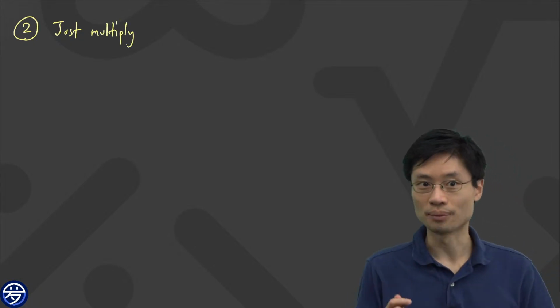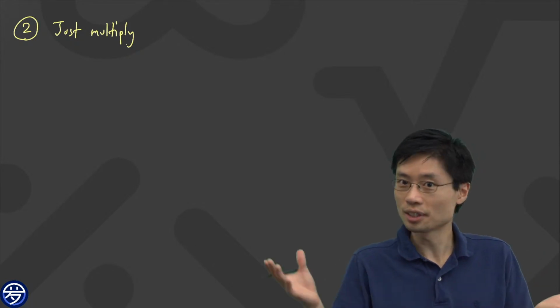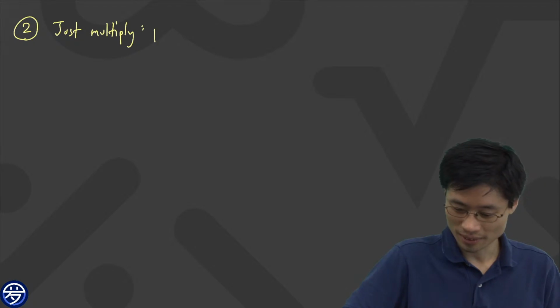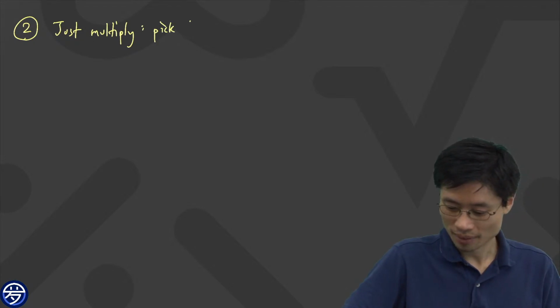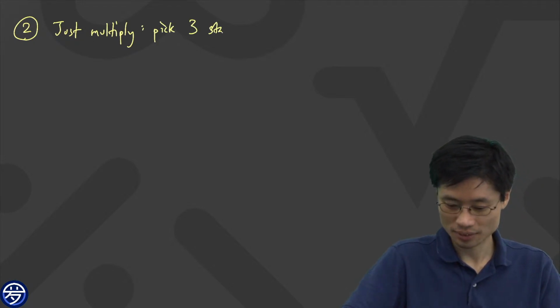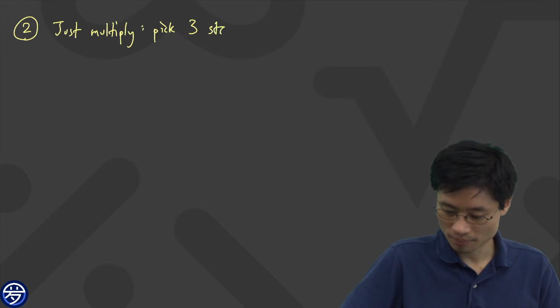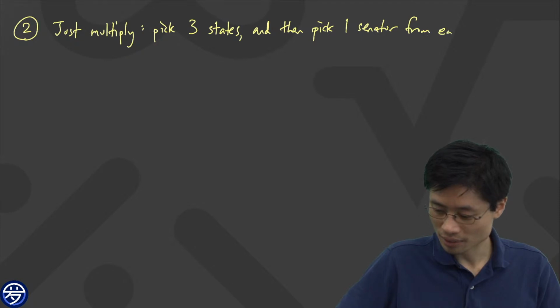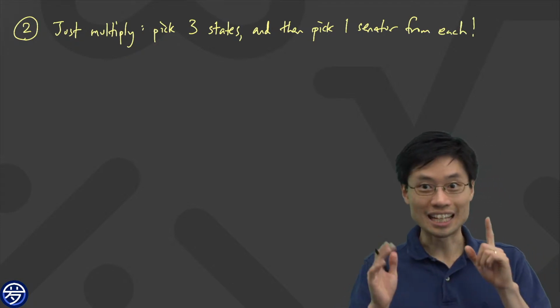And just multiply works by saying, I just need to pick 3 states, and then pick 1 senator from each. This is actually easier.